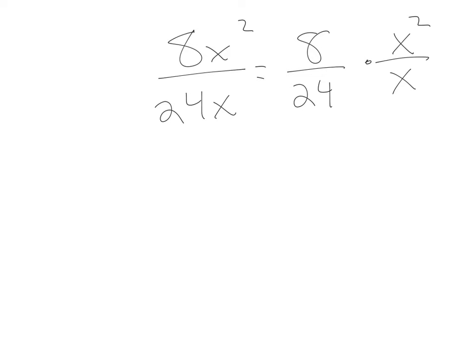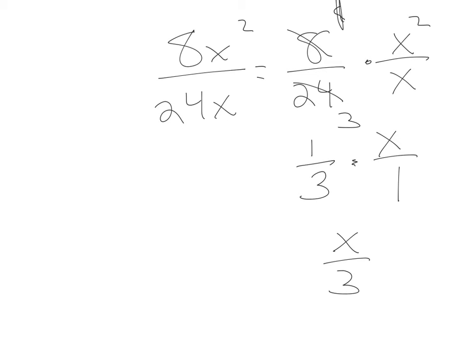And we can divide some things out. 8/24 simplifies to 1/3 because 8 goes into 8 once, and 8 goes into 24 3 times. X goes into x squared x times. So this is actually x over 3. That's an easy way of doing some of that simplification.